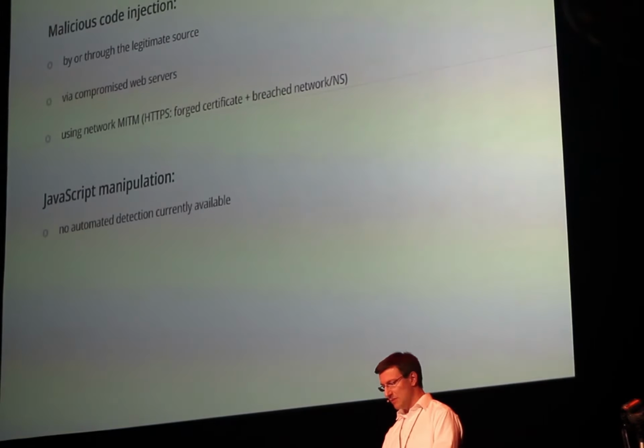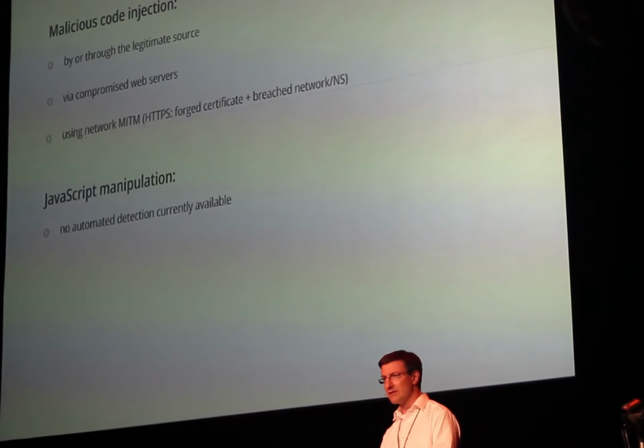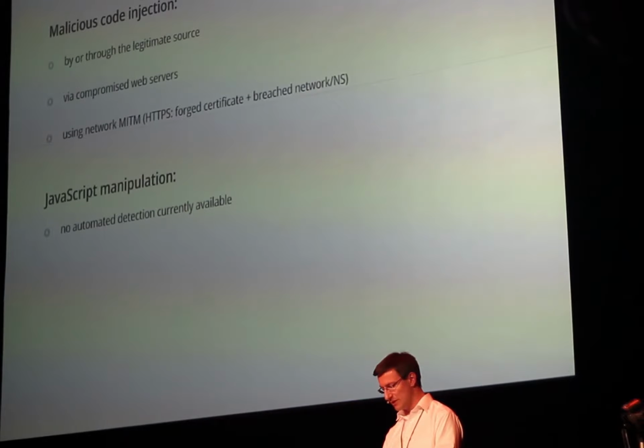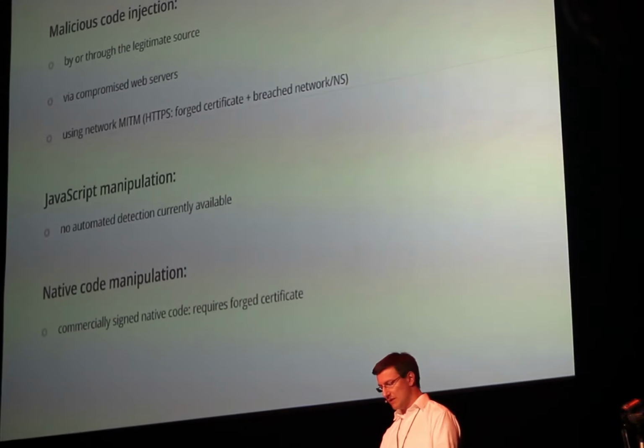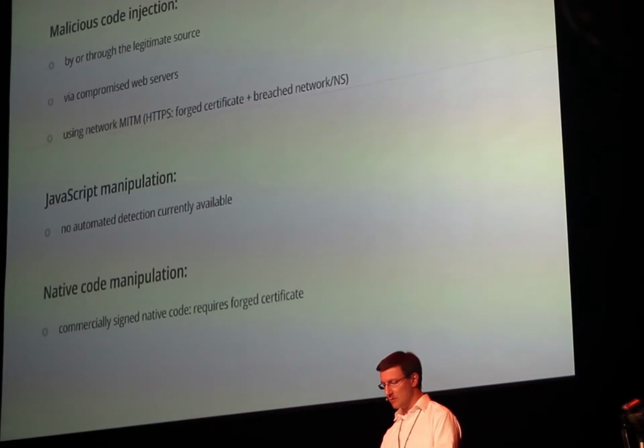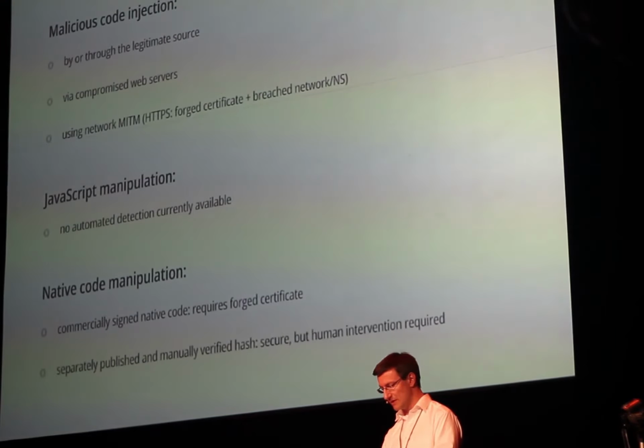If you want to manipulate JavaScript, it's easy. Unfortunately, there's no mechanism offered by browsers that would hash JavaScript and reject suspicious changes, or allow the user to reject suspicious changes. And if you want to manipulate native code, as I said before, commercially signed native code requires a forged certificate, and then of course needs to be placed on the appropriate sources.